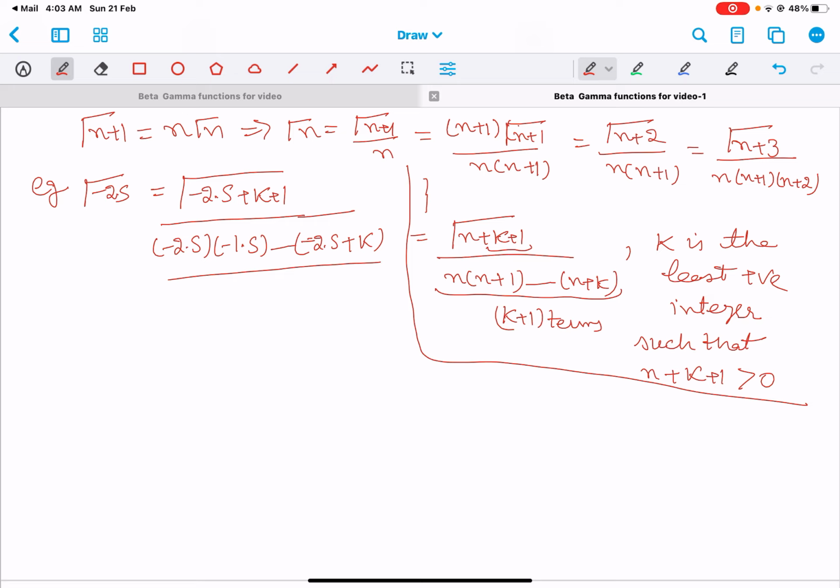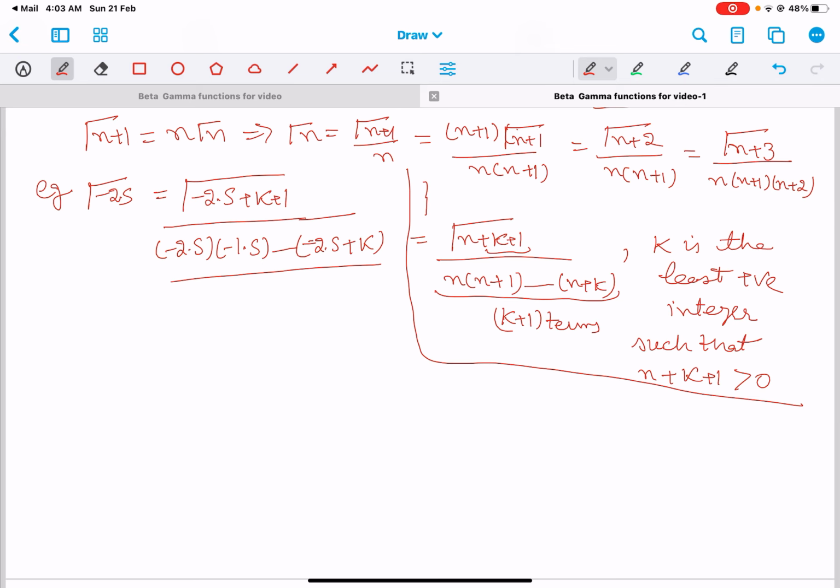If I add one more term here, that will be a positive number in the denominator, and I just want negative numbers in the denominator. So k may be determined using the expression minus 2.5 plus k plus 1 greater than 0. This implies that k is greater than 1.5, and this implies that k is equal to 2, because k is the least positive integer such that this expression is greater than 0.